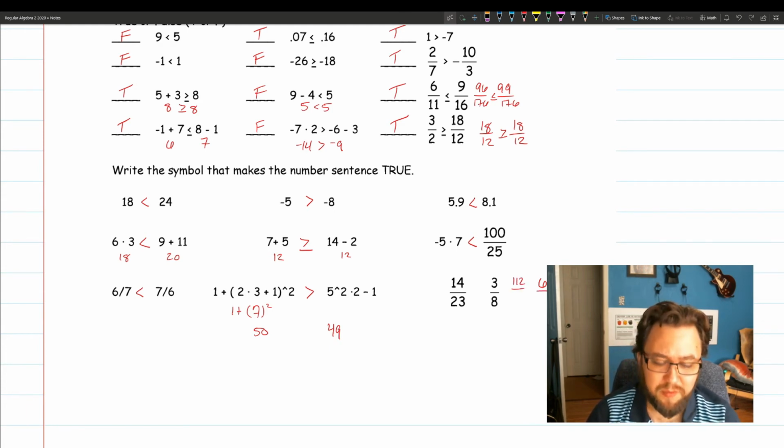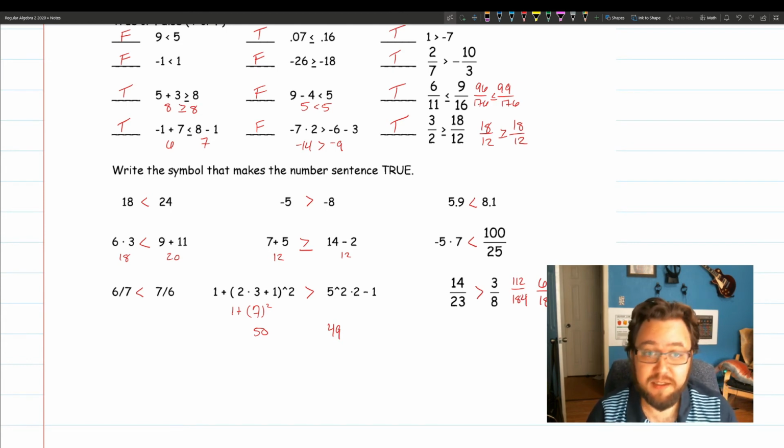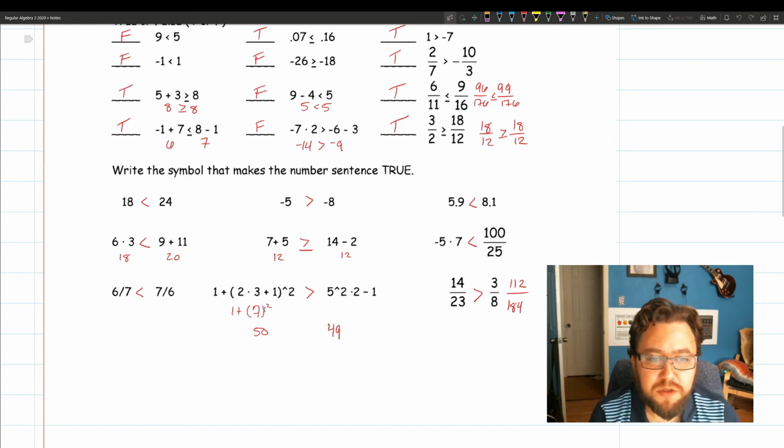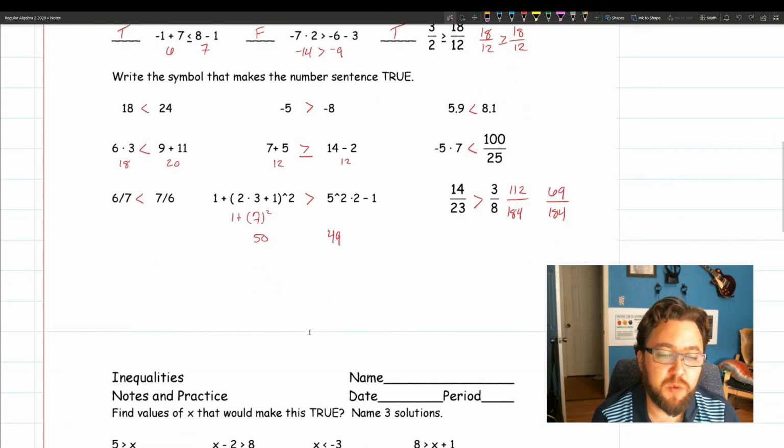If you care about the denominators, I believe that's 184. And clearly 112 is greater than 69. Okay, so that's the general math of inequalities.